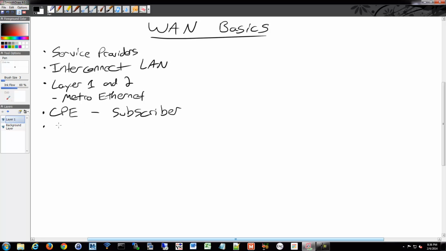There's the data communications equipment, DCE. So the data communications equipment is owned by the provider. That might be some sort of termination device. Maybe their own half of a router or something like that. There's also the data terminal equipment, DTE, which is owned by the subscriber.